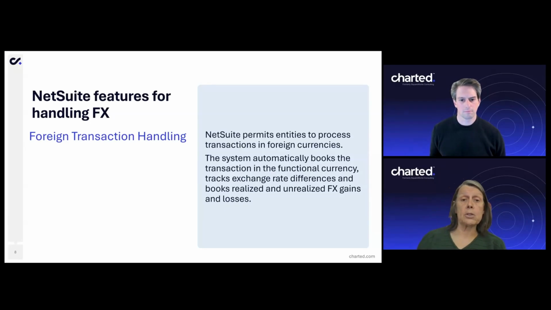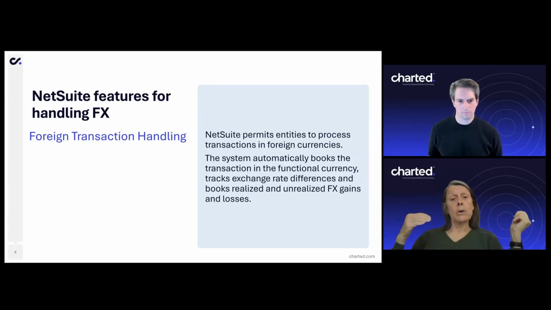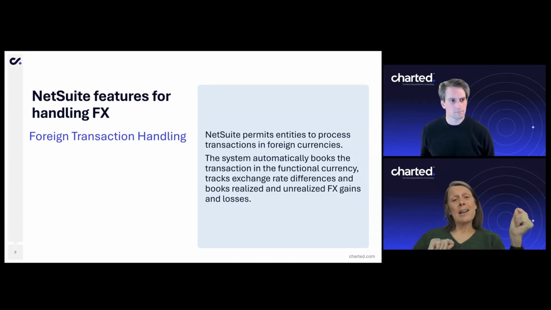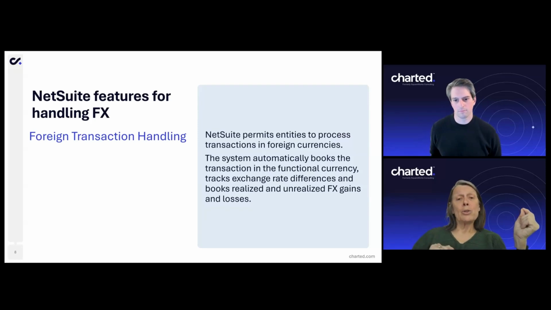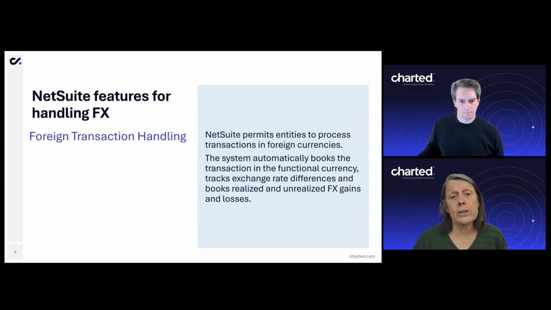Otherwise, you can see your functional currency balance going to zero, but your transactional currency balance does not, which means at the end of the month, it's going to keep trying to revalue that foreign currency amount, even though the invoice or the transaction has been paid.